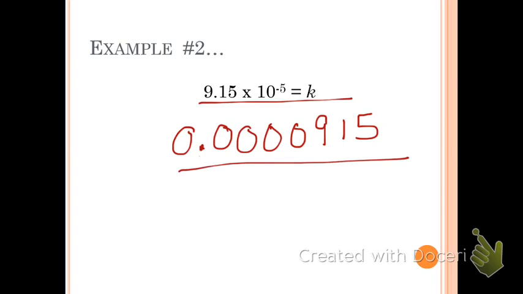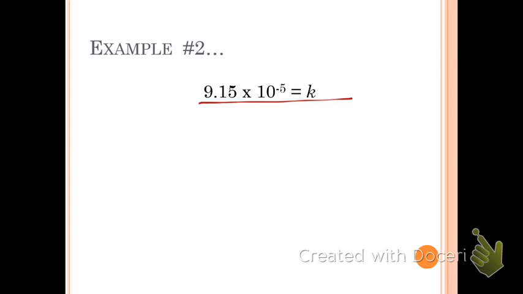This is not. The reason we use scientific notation is for very small numbers mostly, or very large numbers. We do use it for numbers that may or may not need to be in scientific notation that can easily be written. But generally, we use it for small numbers. Something like this would be considered a small number. So it'd be easier if we just do it in scientific notation.